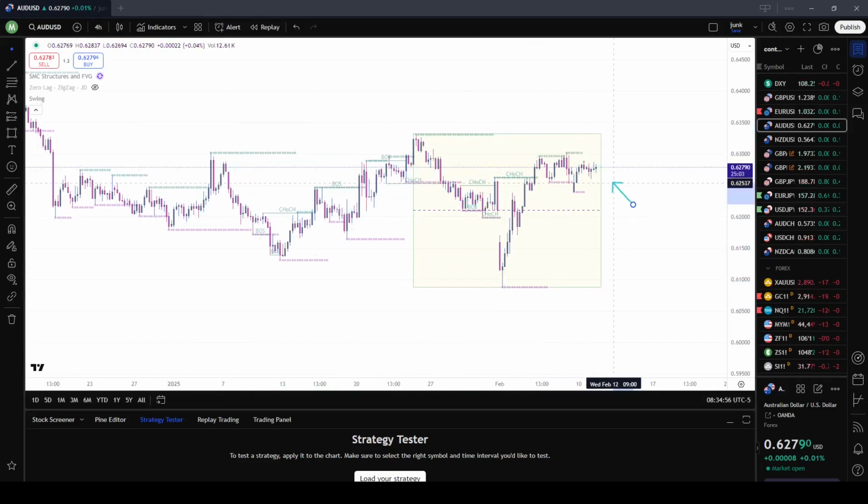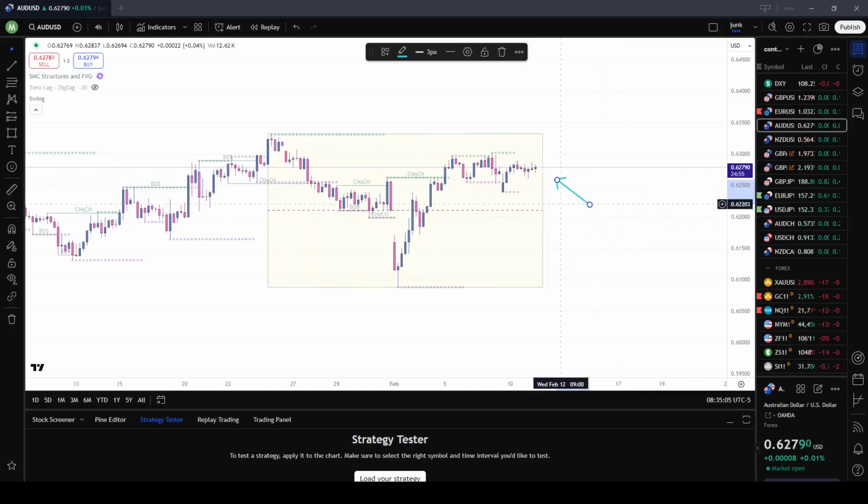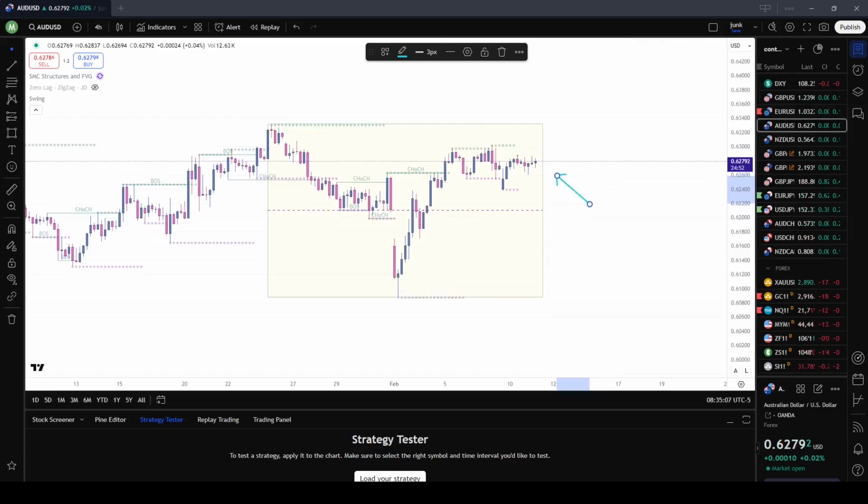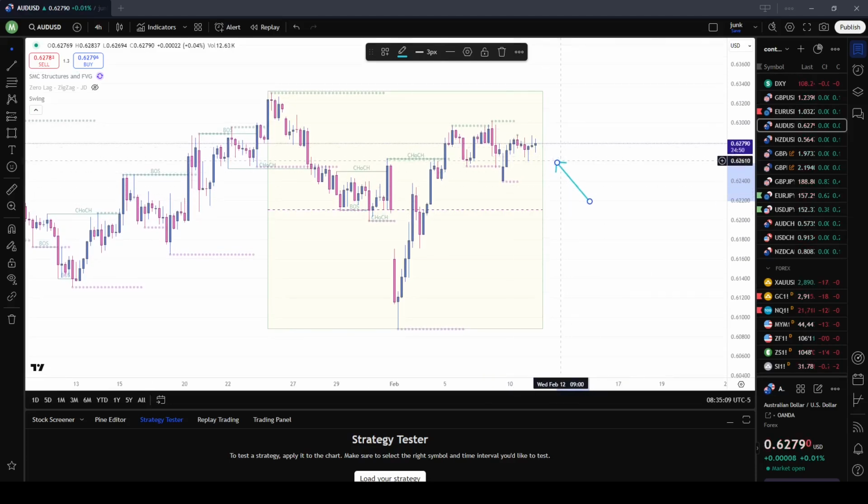But it would depend on how the other dollar pairs are performing against any type of dollar news. Powell speaking today. We'll see if there's any type of momentum shift in the bullish direction.